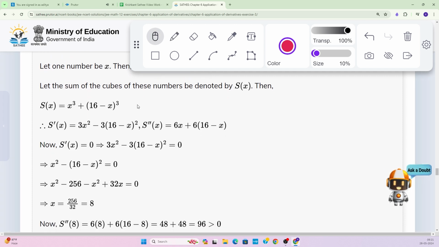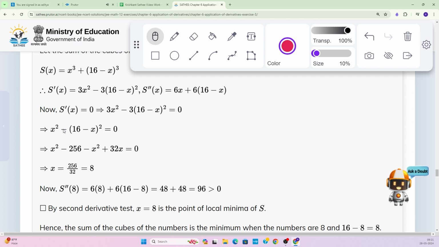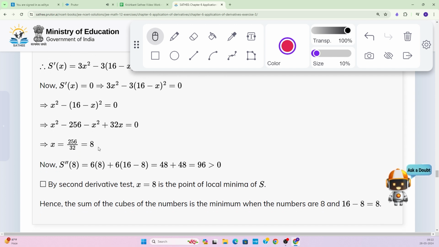Taking 3 common, x squared minus (16 minus x) whole squared. Now opening the square, 16 squared is 256, x squared is x squared, and the middle term is minus 2ab, and because of this minus you will get plus 32x. Now x squared cancels easily, and x will be 256 by 32, so you will get x value as 8.